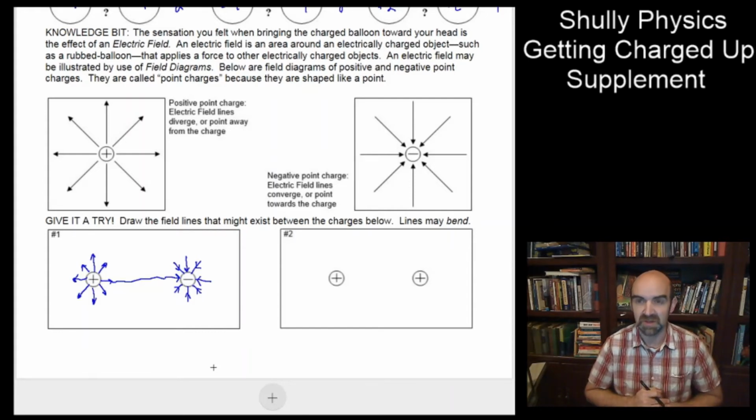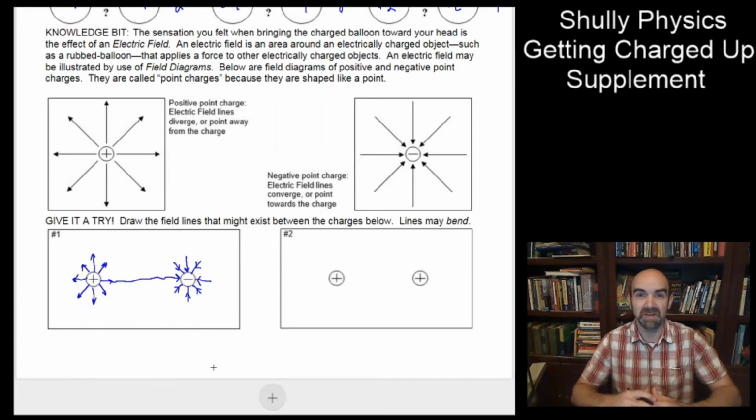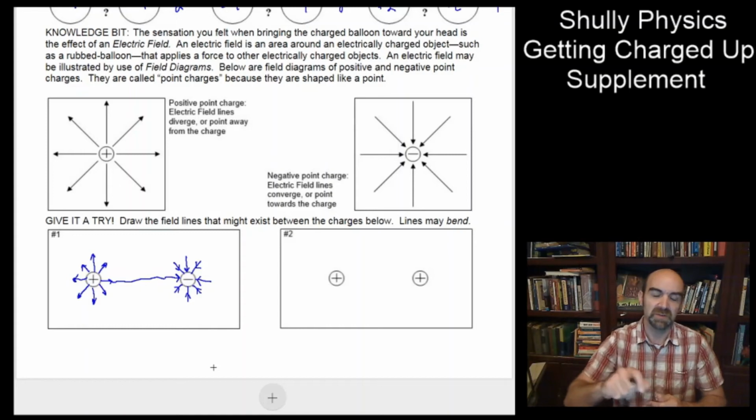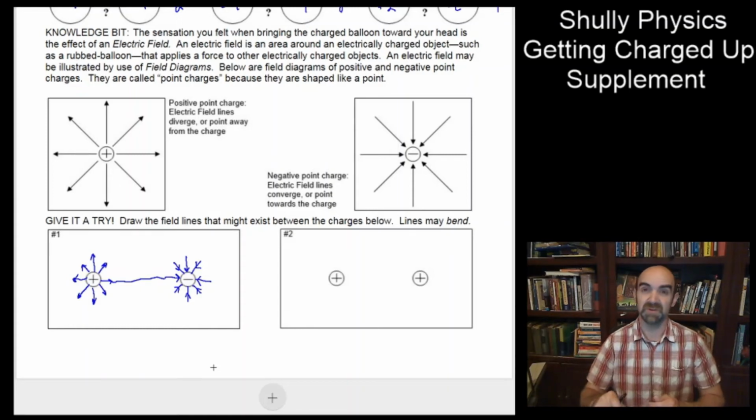So I'm going to take some bar magnets and put a piece of paper over the magnet, and the north and the south side of the magnet are going to be very similar to the positive and negative point charges right here. What I'm going to do is shake some iron filings over top, and they're going to form the pattern that would actually form here with this electric field. So let's check that out.